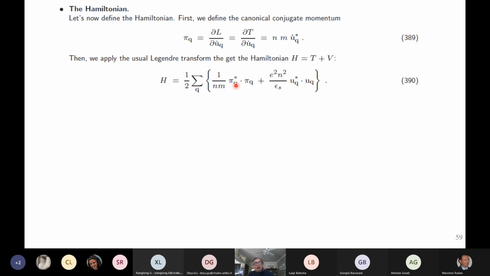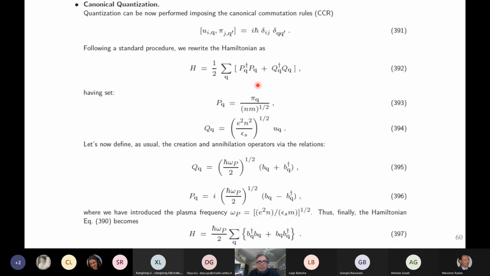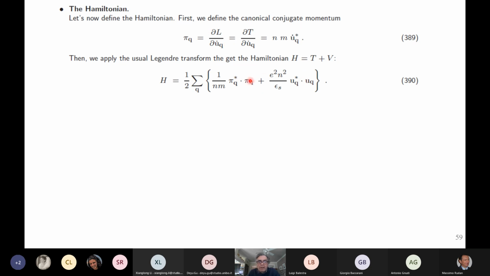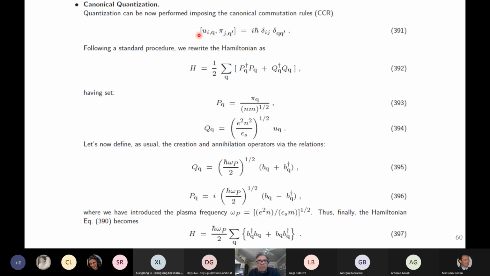The important thing will be now to write it in terms of creation and annihilation operators that obey the canonical commutation rules now, CCR, commutators, because plasmons do not have spin. So what do I do? Okay, I know that this can be interpreted as canonical fields or canonical coordinates. They have to obey the canonical commutation rules for any Q, the same way the C and C daggers for my electrons had to obey their expression.